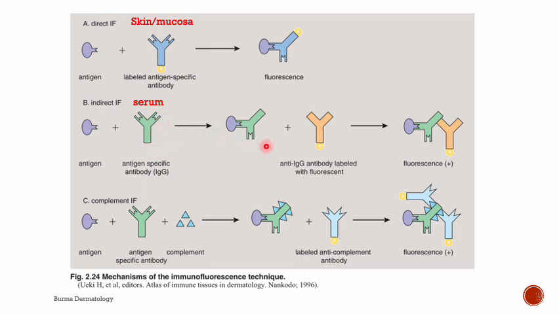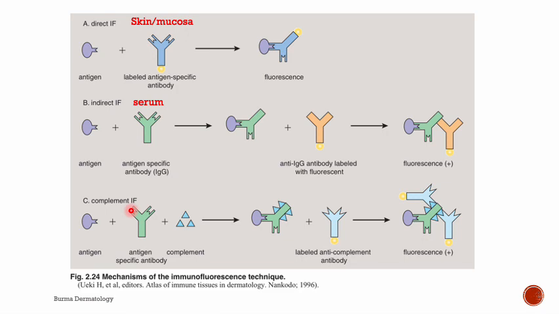In the second step, it is detected with a specific antibody labeled with fluorescence, and this leads to a fluorescent reaction that can be observed under the immunofluorescence microscope.